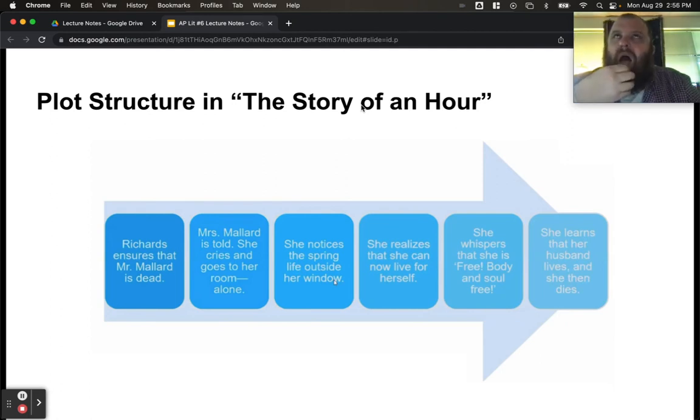So Mrs. Mallard changes from the beginning of the story to the end of the story. We see her change very suddenly, like with the news of her husband's death. Bam, she is inconsolable, sinks into her chair. She has a lifeless expression.